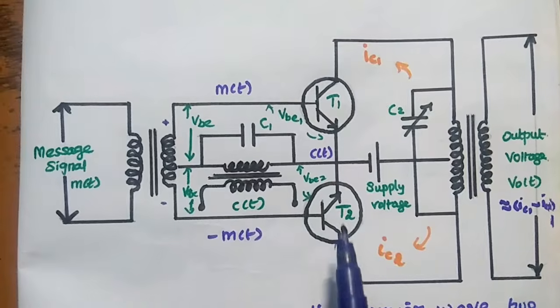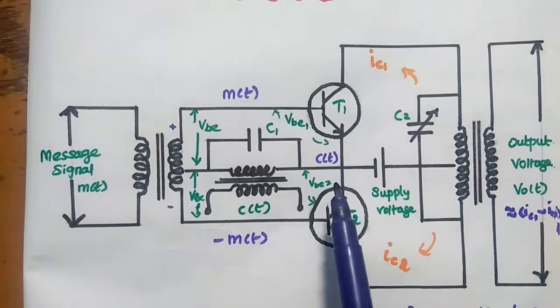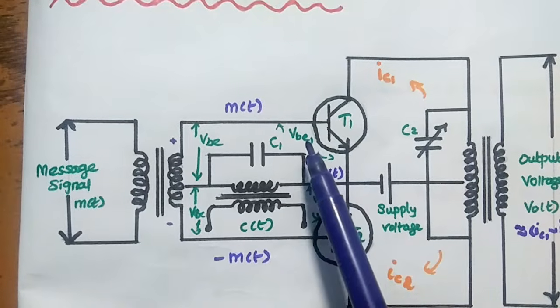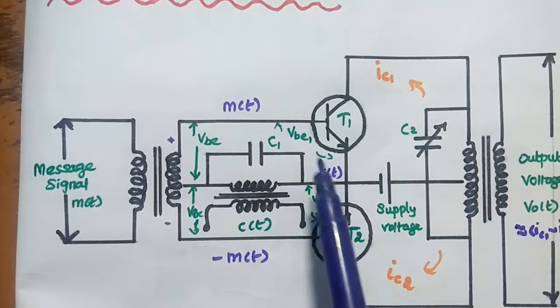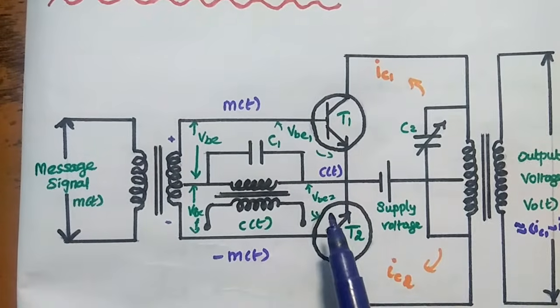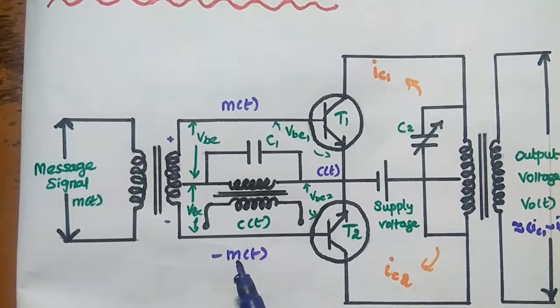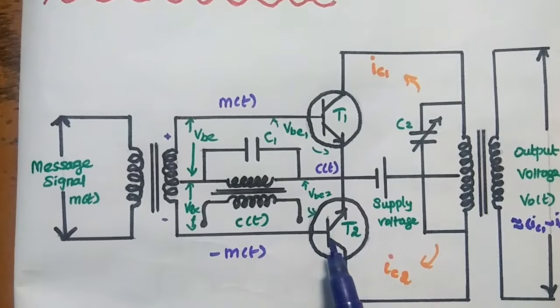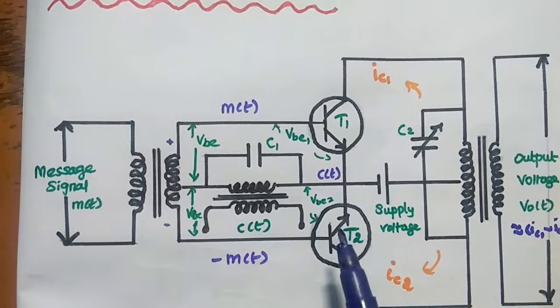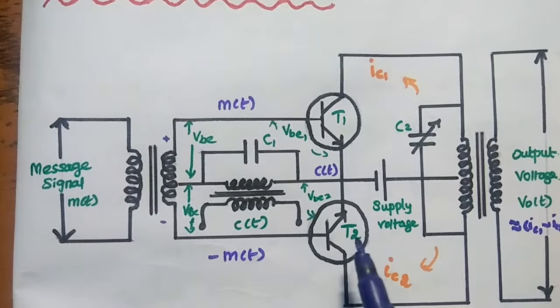Input voltage to the transistor 2 is VBE2. This VBE1 is nothing but the addition of M of t and C of t. Likewise, VBE2 is equal to minus M of t plus C of t. So these two are the inputs given to T1 and T2.